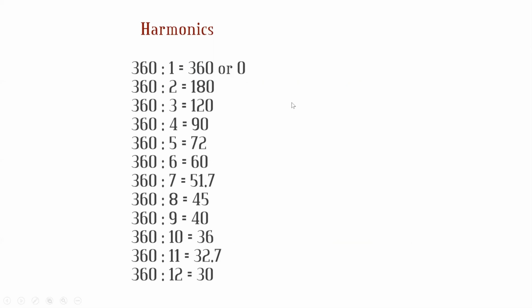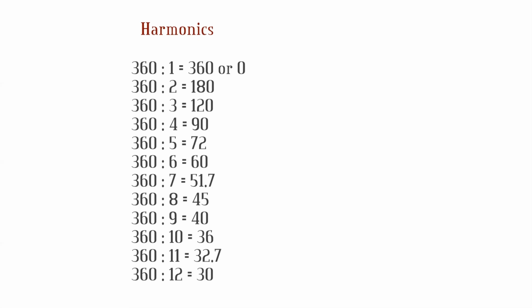Harmonics are basically a division of the 360-degree circle into different parts. So the conjunction is 360 divided by itself, or divided by 1, and that's a 0 aspect. We're not taking orbs into consideration yet.